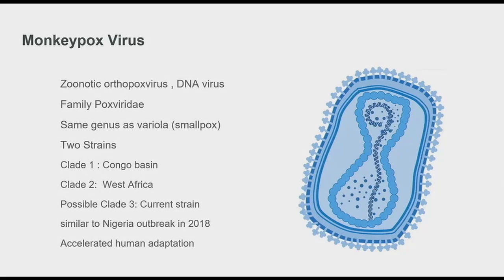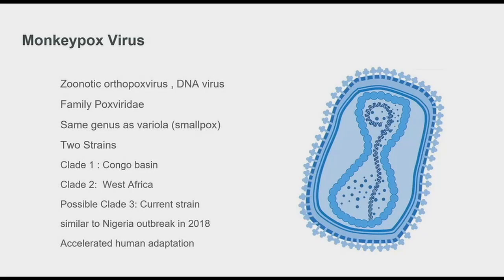It belongs to the family Poxviridae, and is the same genus as variola, as I mentioned before. Before this outbreak, there were two strains. Clade 1 is in the Congo Basin, which has higher mortality. Clade 2 is in West Africa, which causes milder disease.